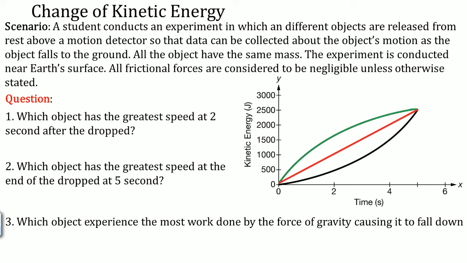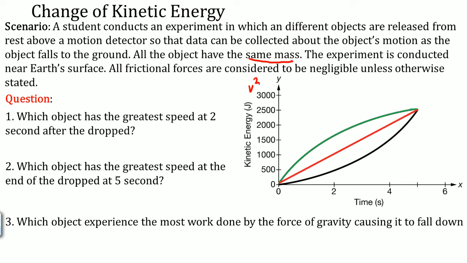Well, we know that this is kinetic energy. Kinetic energy is defined as 1/2 mv squared. You're comparing them, so I don't care about the 1/2. They all have the 1/2, and they all have the same mass. Right here, notice it says all the same mass. So I'm just going to delete it.